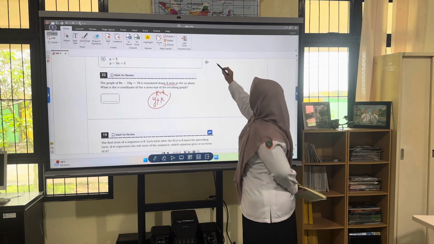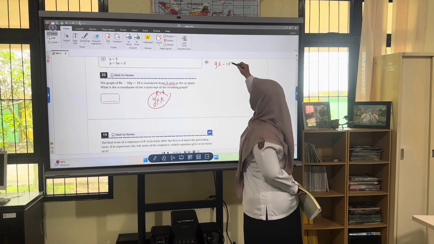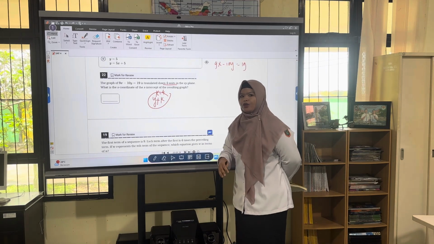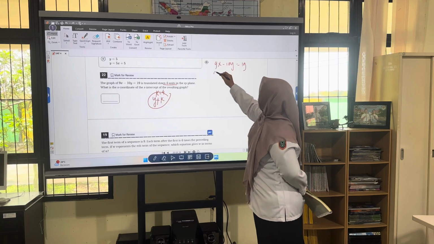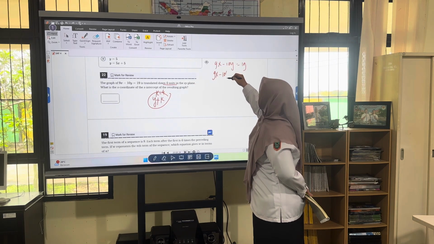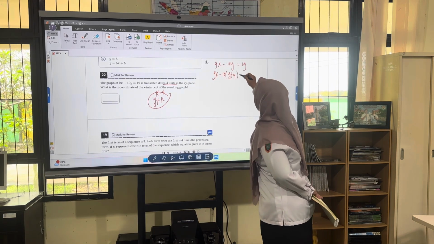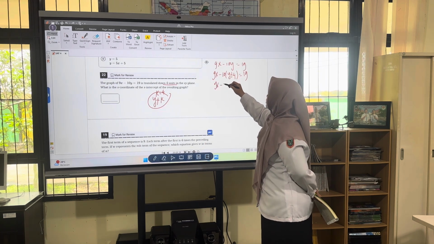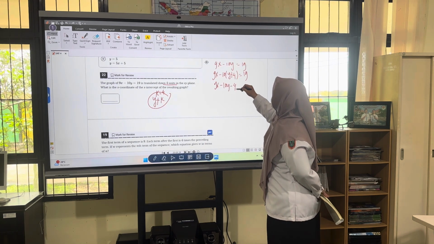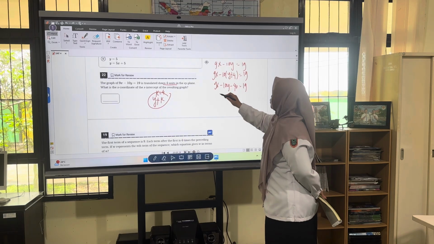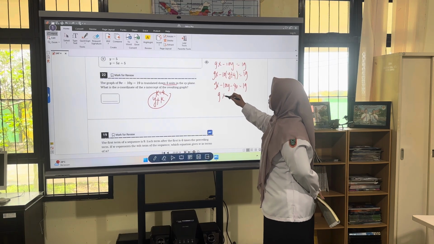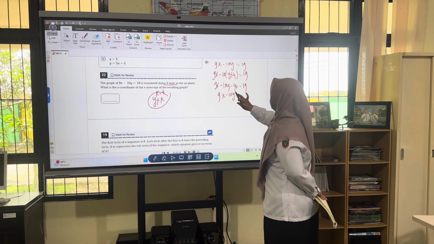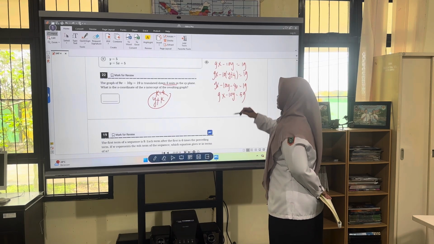So you have the formula 9x minus 10y equal 19. You need to substitute every single y with y plus 4. 9x minus 10 times (y plus 4) equal 19. Simplify. 9x minus 10y minus 40 equal 19. So you need to simplify more. Actually, there will be 59.